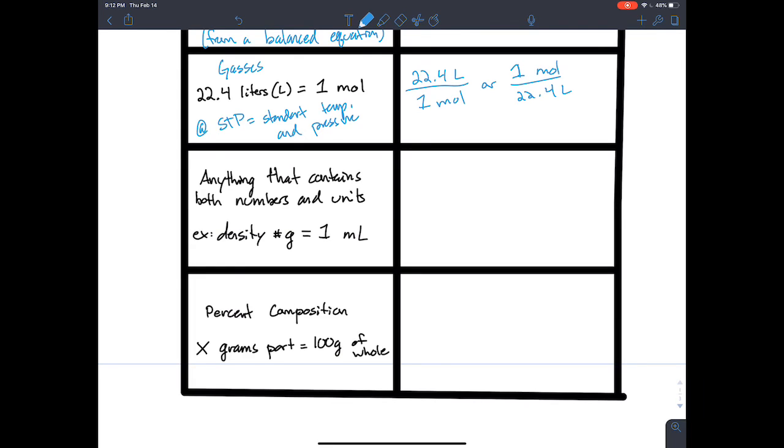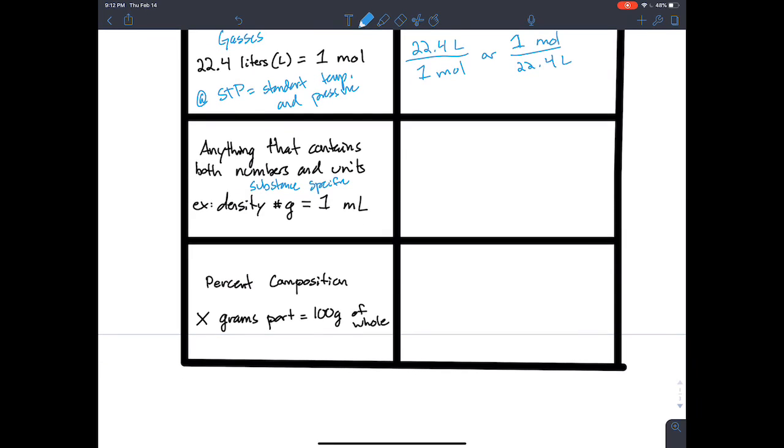Okay, now this is substance specific, so it depends on what you're looking at. It can be solids and liquids, so you can go from a density unit of solids to liquid volume measurement, like milliliters. So for example, let's look at CO2.